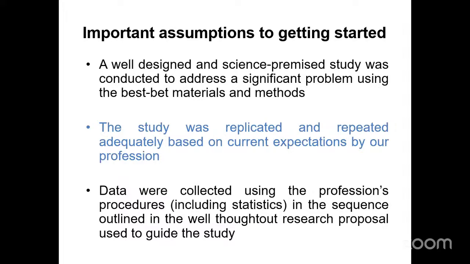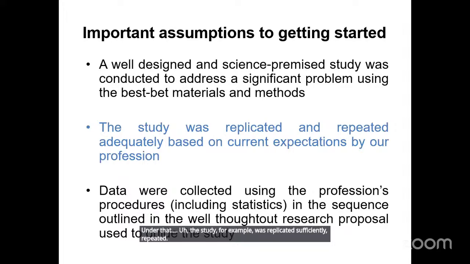and that the study, for example, was replicated sufficiently, repeated. For example, agronomy studies. These days, if you do it for one season, you don't expect a publication from that. Normally, you go for at least 2 seasons.